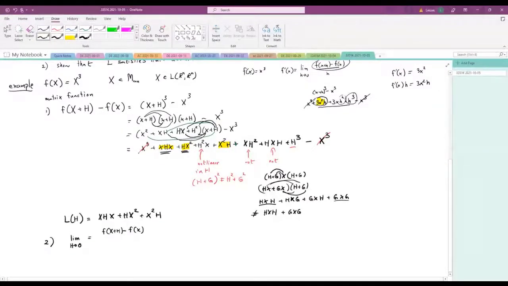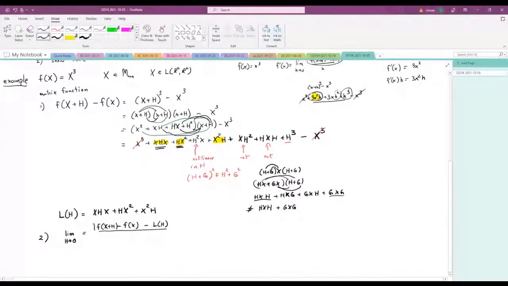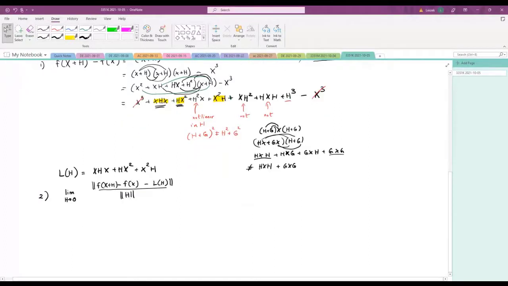We already did that. And then we have minus the linear operator acting on h. I guess we can just take the norm because the upstairs is a matrix, divide by the norm of h, and take a limit. We're going to show that this limit is 0.